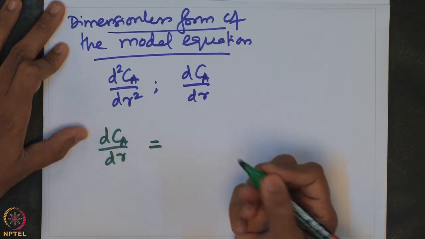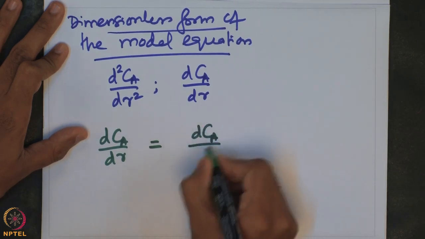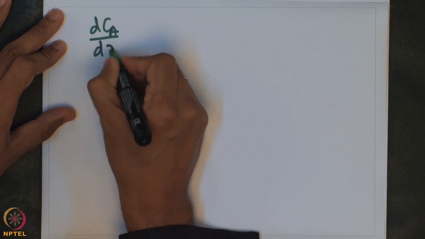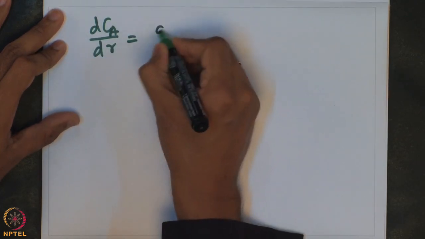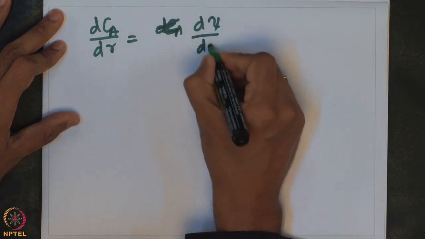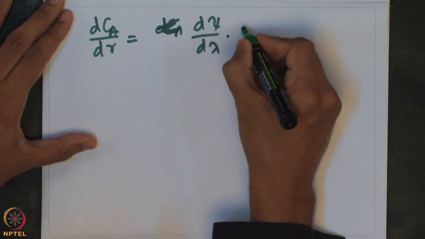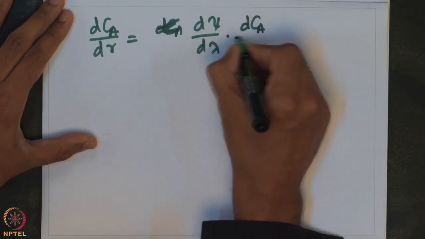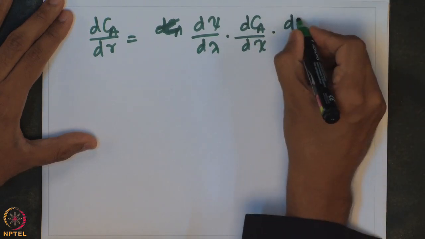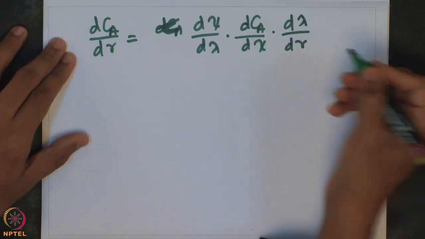Now, simply by chain rule we can write this as dCA by d lambda into d lambda by dr, and from here we can rewrite this as dCA by dr is essentially equal to d psi by d lambda multiplied by dCA by d psi into d lambda by dr.